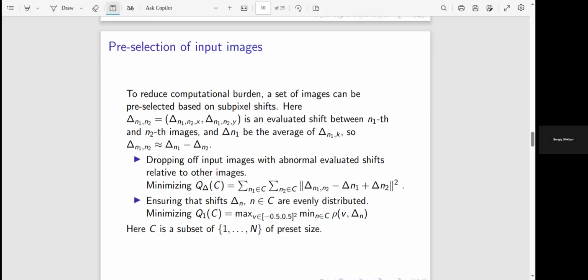And we can drop the images where we have an anomaly. So it's your way of identifying outliers, correct? Yes, perhaps of identifying bad images.